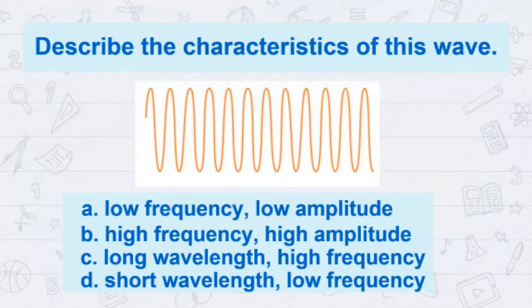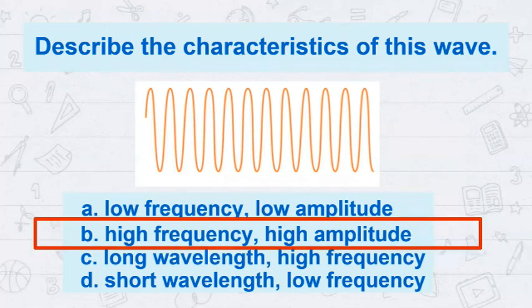Is it A, low frequency, low amplitude, B, high frequency, high amplitude, C, long wavelength, high frequency, D, short wavelength, low frequency? Fantastic! It's letter B. It has a high frequency and high amplitude.